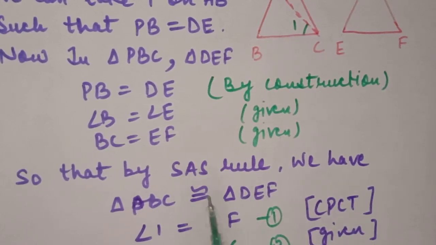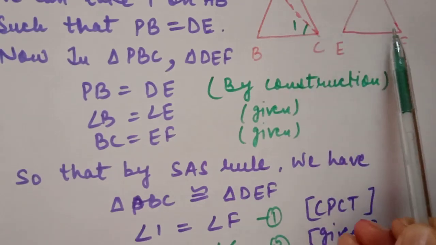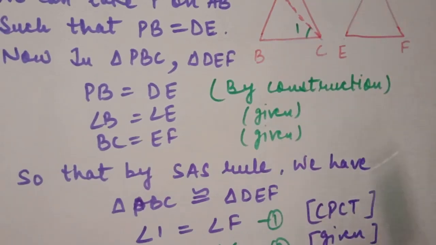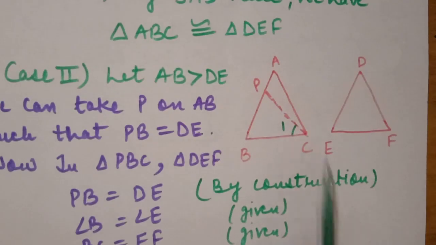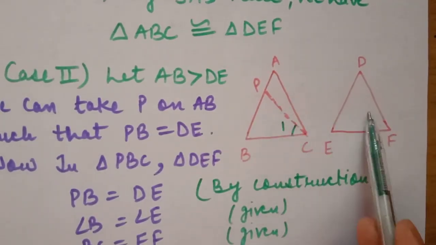So the rest of these 3 parts are all equal to each other. So definitely angle 1 is equal to angle F, because these two triangles are congruent. In these two triangles, 1 is equal to F by CPCT.